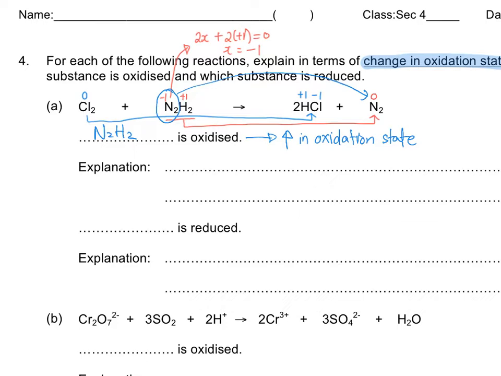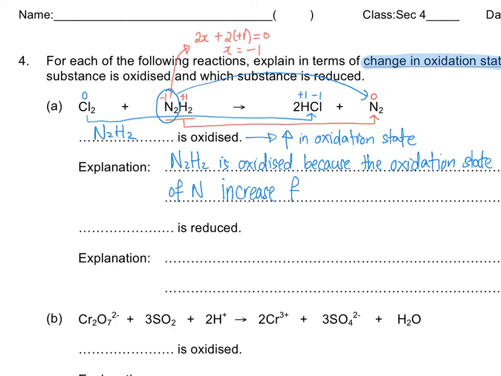So how do I explain? The explanation would be: N2H2 is oxidized because the oxidation state of N increases from minus 1 in N2H2 to 0 in N2.